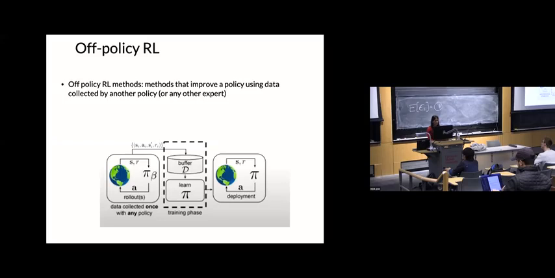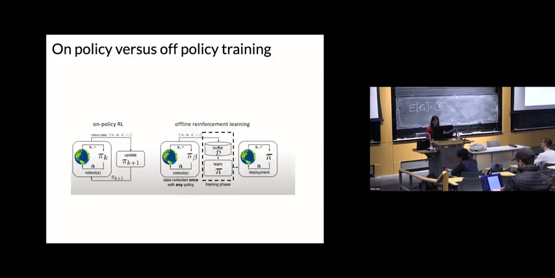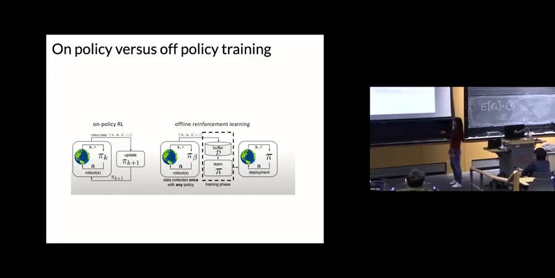Off-policy RL methods are methods that improve a policy using data collected by either another policy or another expert. Here you have a side-by-side of on-policy RL and off-policy RL. In on-policy, you have the data, you take the rollouts, you update the policy, and you deploy that policy and collect additional data.